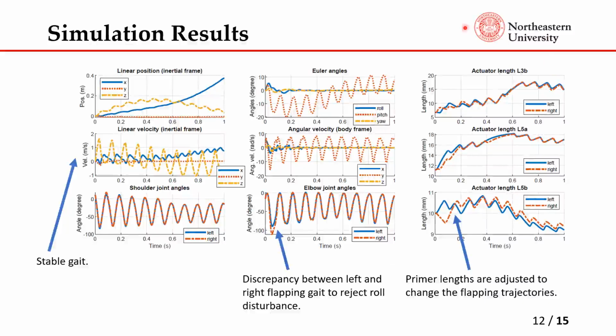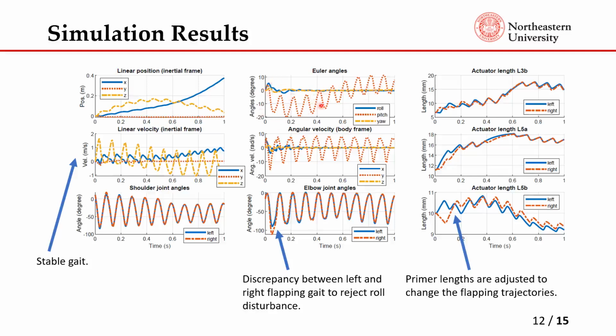This is the actuator length, the primer length, which is the primary way of control. Then the robot orientation. We have the shoulder joint angle and elbow joint angles here, and you can see a pretty big change in the elbow joint angle for the roll correction. The Euler angle on the roll has some disturbance here, and it finally recovers and reaches steady state.